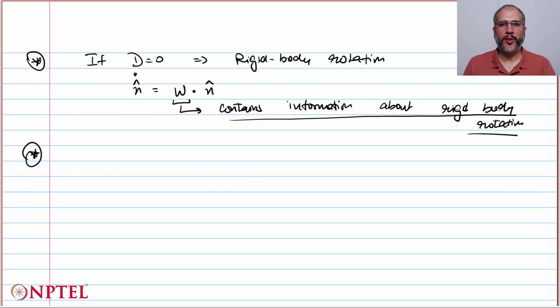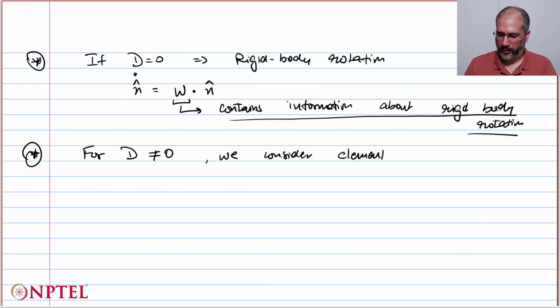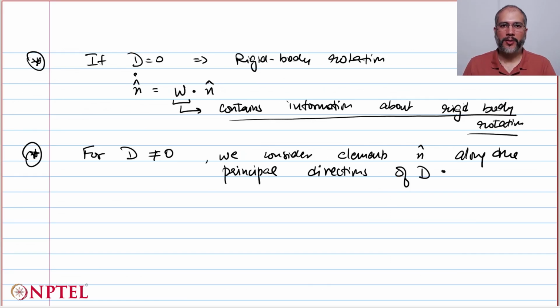Now let's take a case where D is not 0 and then see what happens. So for D not equal to 0, we consider the elements, that is the elements n hat, along the principal directions of D. Now this is our choice.